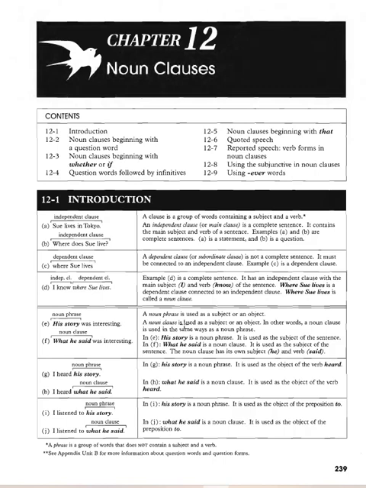So a noun clause is used as a subject or an object in a sentence. In other words, a noun clause is used in the same way as a noun phrase. So what's the difference between a phrase and a clause? A phrase is a group of words with no subject, no verb. A clause is a group of words with a subject and a verb.